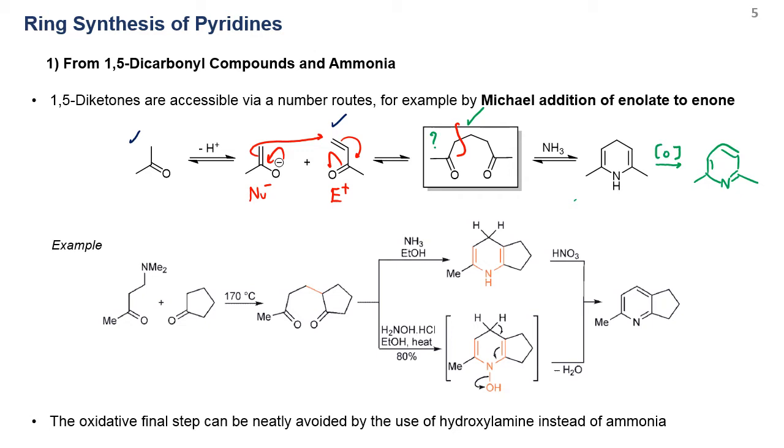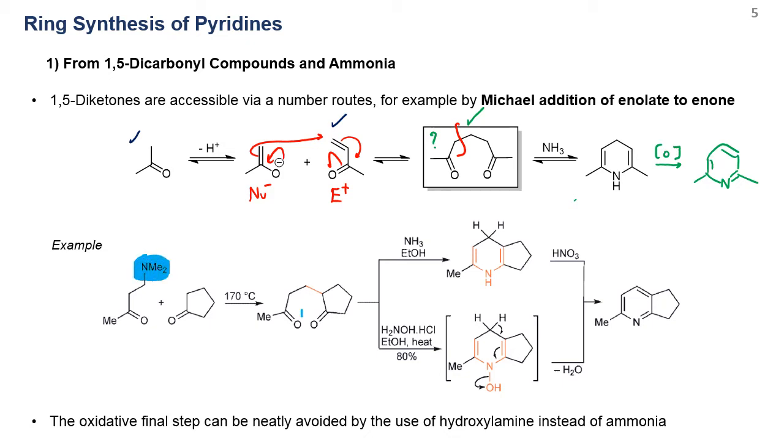So if you look at the following example, this one doesn't have the alpha beta unsaturated ketone, because that molecule is not very stable. It is usually easily polymerized, so we use something as a mask.